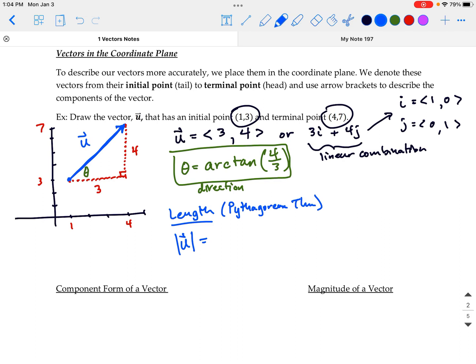So the length is the absolute value of the vector, and that we're going to calculate using our distance formula. So it's going to be the square root of the sum of the squares, which is going to be, in this case, radical 25 or 5. So we can see here that our vector has length 5 and direction arctangent of 4/3.